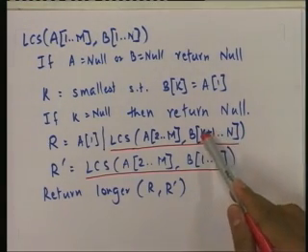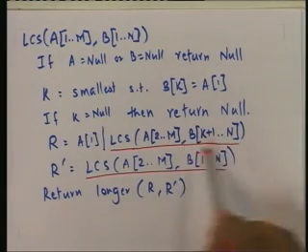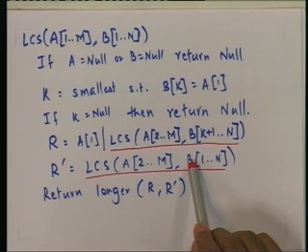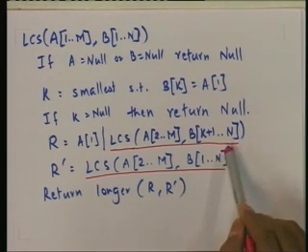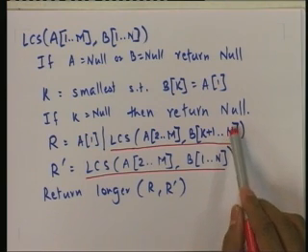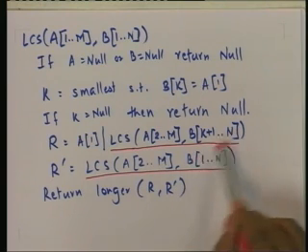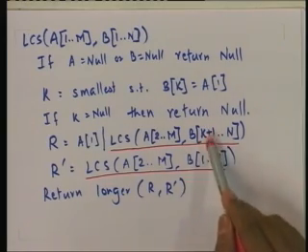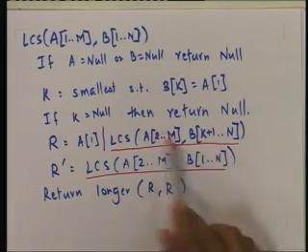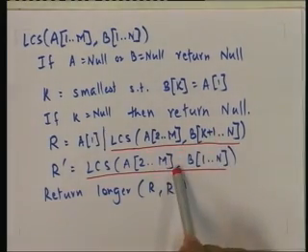Similarly, if I look at the second argument to the recursive call, it is always going to be a part of B. The terminal index in that array is always going to be n, and the first index could be anything, it could be k plus 1.